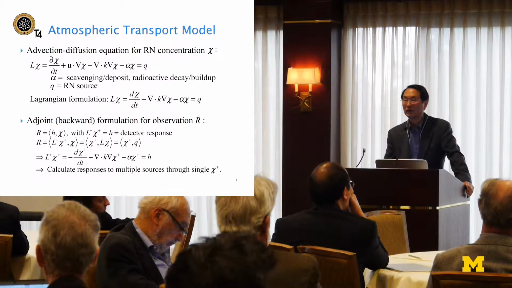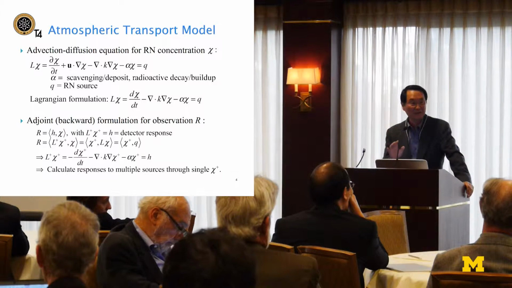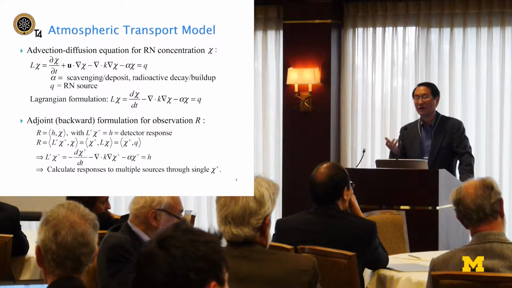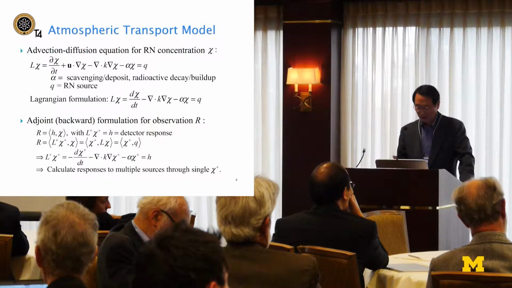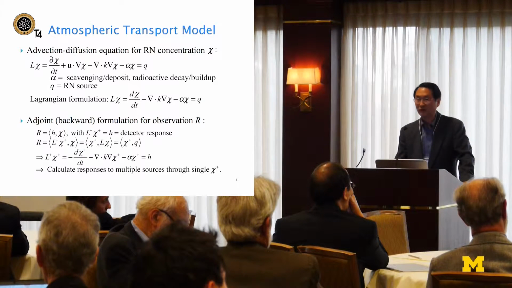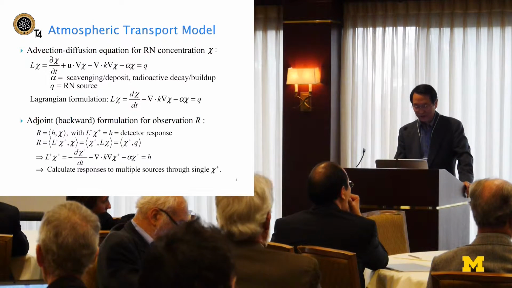We have L dagger, and we have chi dagger, which is adjoint to the physical radionuclide concentration. By going through the inner product and taking care of boundary conditions properly in the integration process, we obtain this expression for the adjoint concentration chi dagger.